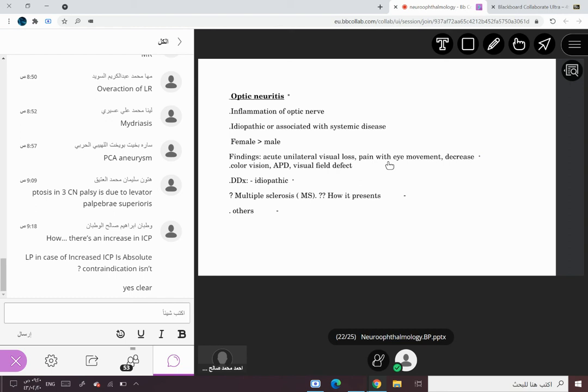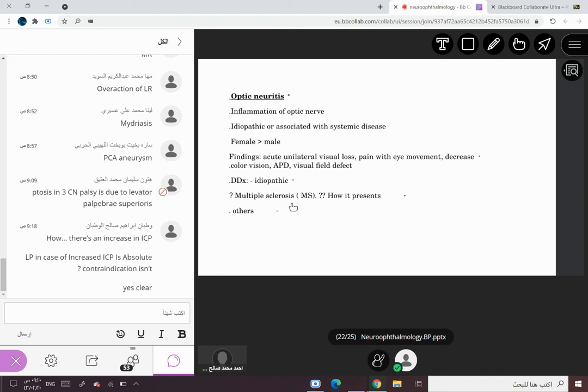There will be pain with eye movement, decreased color vision, an afferent pupillary defect (APD), and visual field defects. These are the typical signs of optic nerve diseases, especially optic neuritis. So the differential is either idiopathic or due to multiple sclerosis.